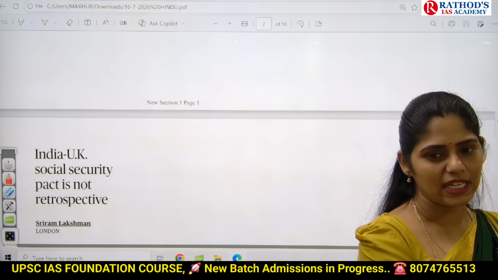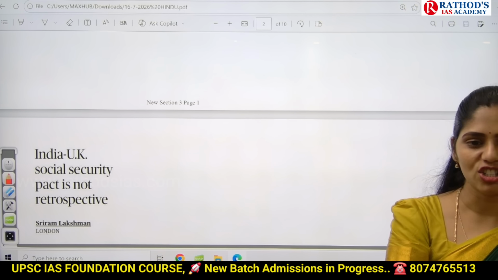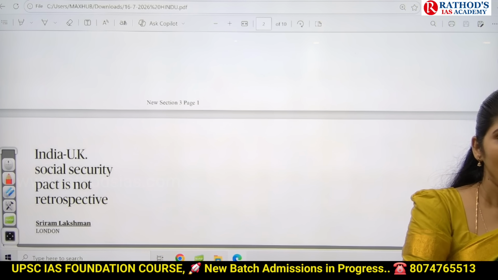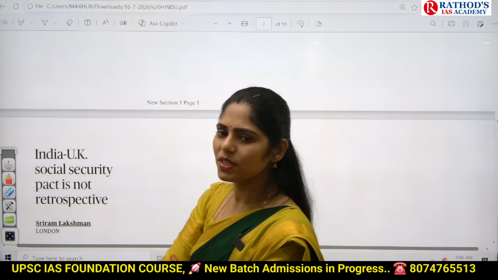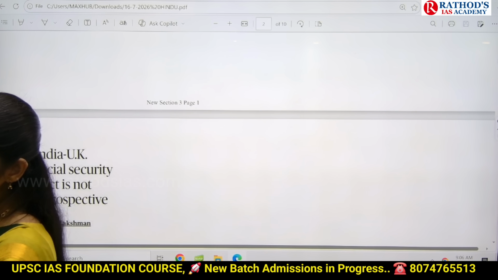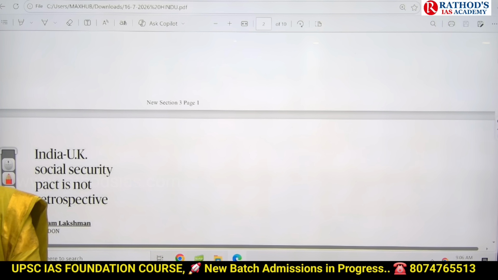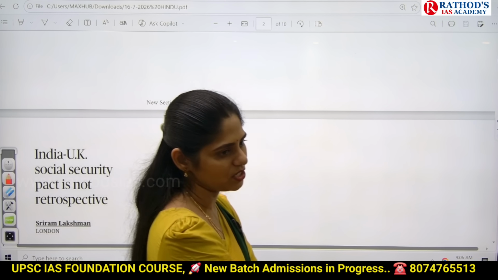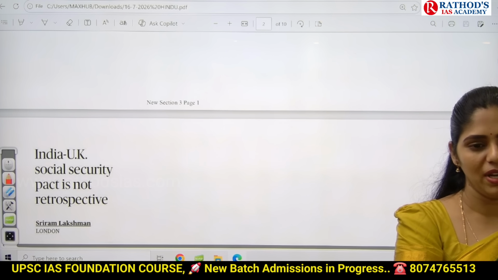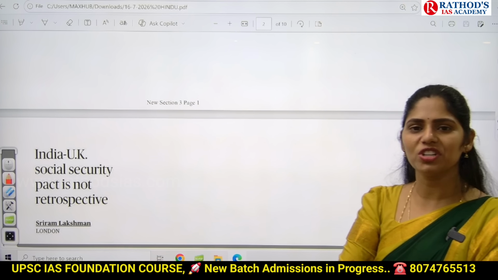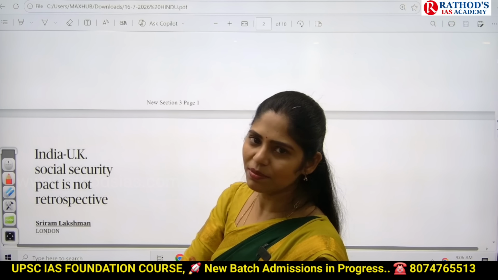In the light of this statement, what are the advantages of DCC, and what challenges can India face? Like that, UPSC can ask you about challenges, provisions, benefits and measures. So these are the points that you have to see from a mains point of view. I hope you understood how questions can be asked both in prelims and mains.